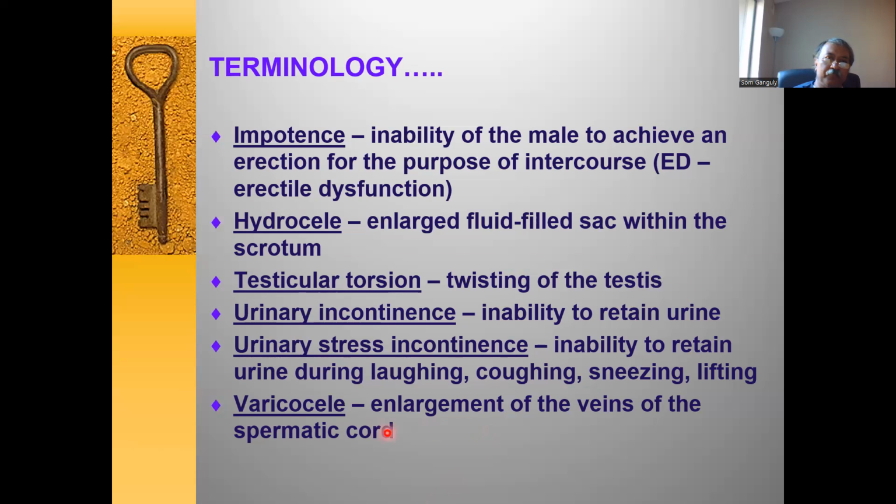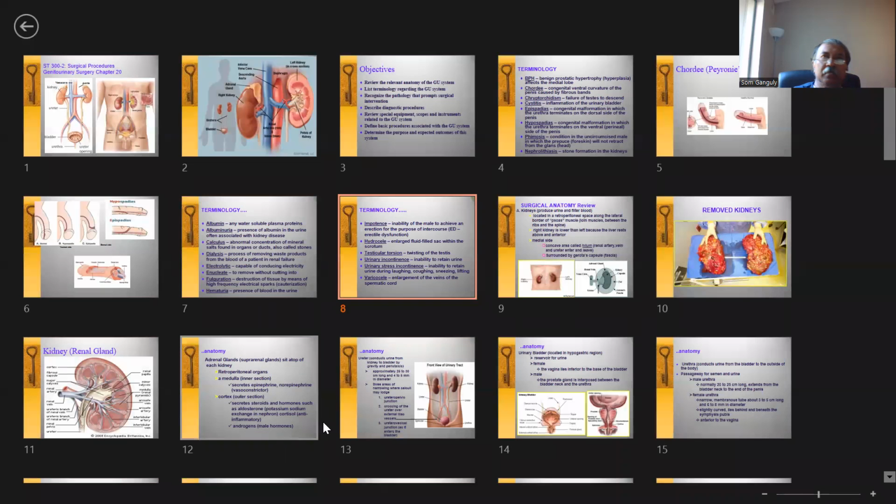Varicocele. Elderly people get enlargement of the veins of the spermatic cord. So what happens is we have the spermatic cord. Let me show you the spermatic cord.